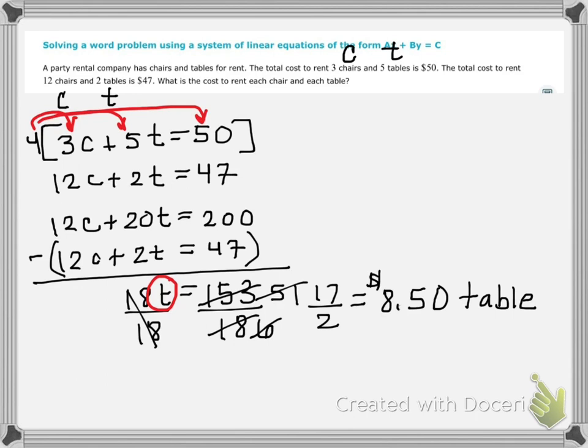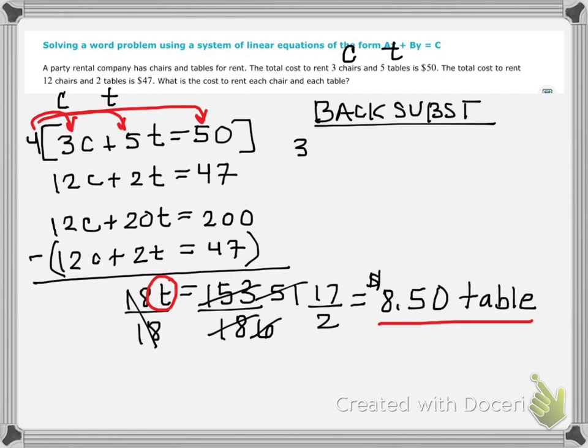Now we go to the back substituting step, like we had in the previous problem. So we're going to back substitute. And we have the t, right? So I'm going to substitute the 8.5 for t in either equation above.